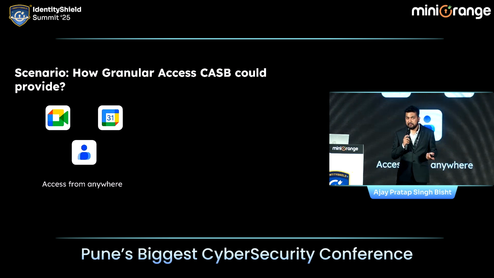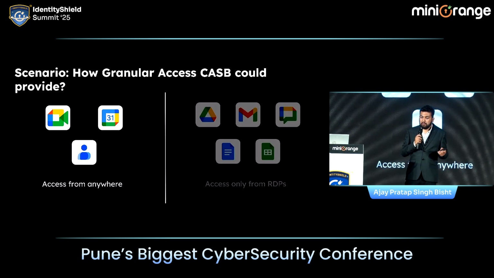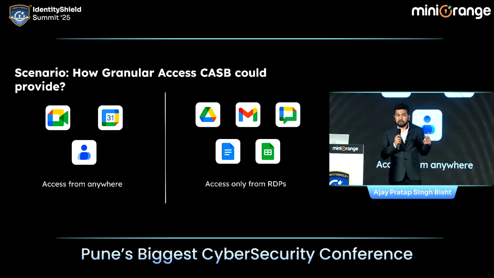In this case, they were having one more challenge. They wanted to have access to Google Meet, Calendar, and Contacts from outside the network as well in their Google Workspace. Why? Because they can have meetings at odd times, and they can schedule some meetings after hours. But they wanted to secure their Drive, where they were storing all their confidential data, and Gmail, where they were having conversations with their clients, and chats and Hangouts.